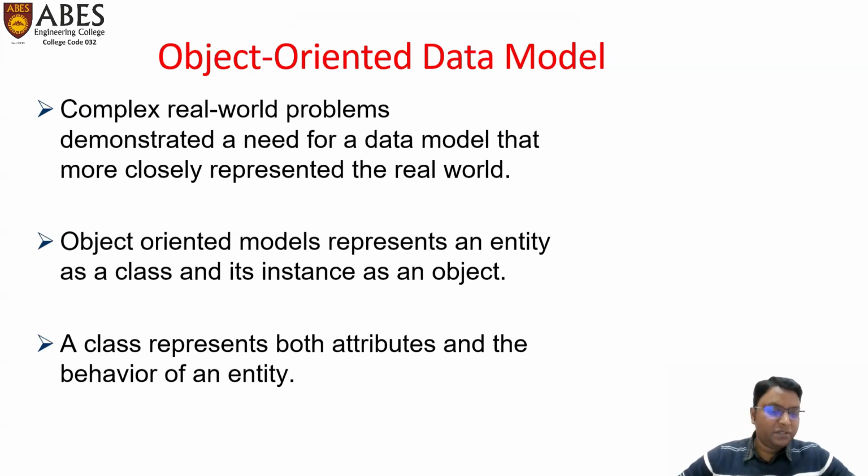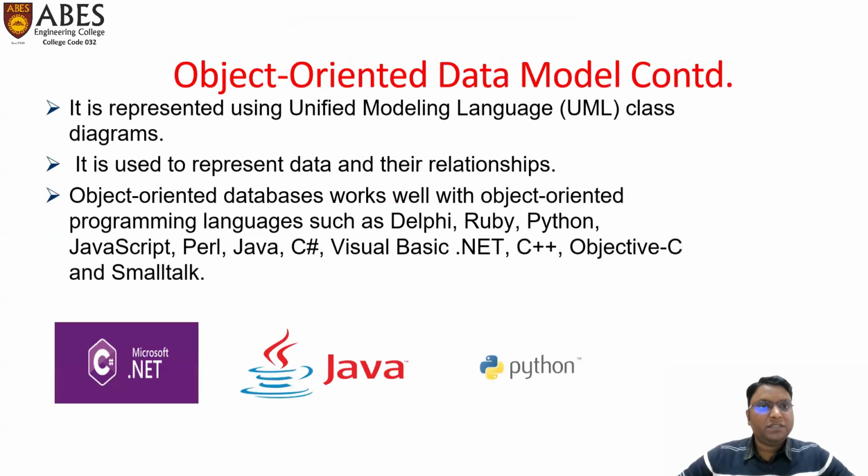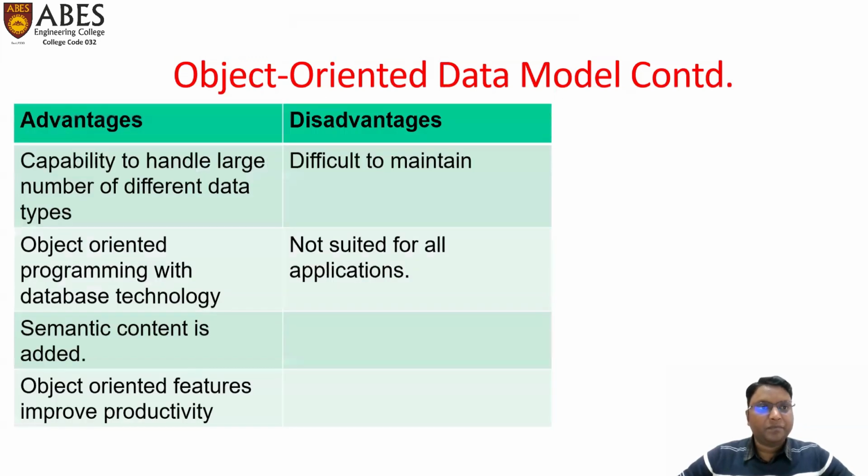It is represented using unified modeling language UML class diagram, and works well with object-oriented programming languages such as Python, Java, and C++. So this is very popular object-oriented data model, and some programming languages which support object-oriented data model are Microsoft .NET, Java, and Python.